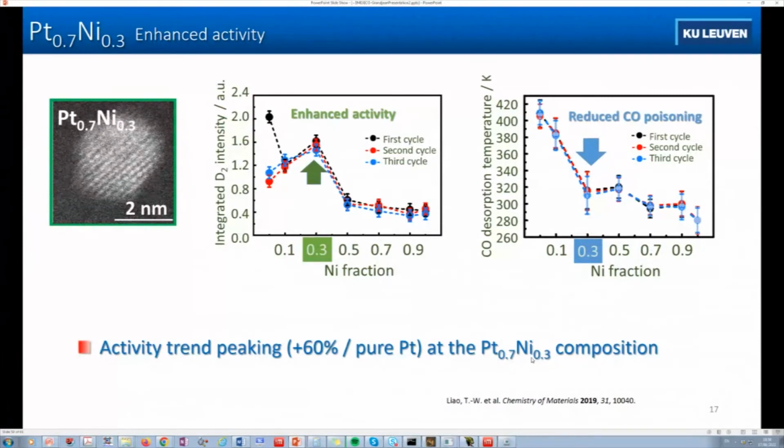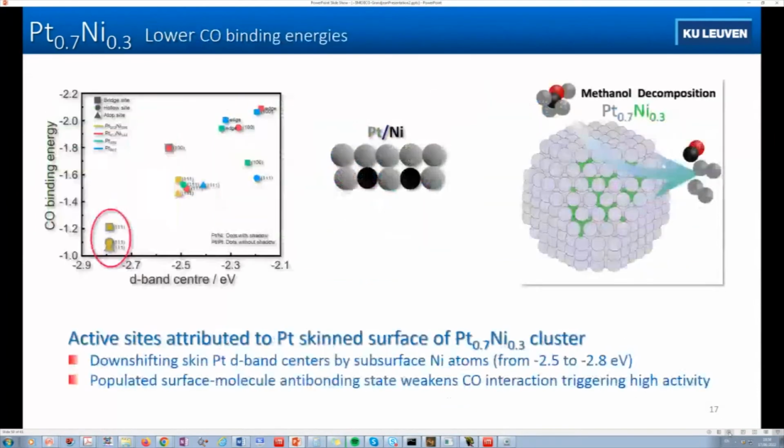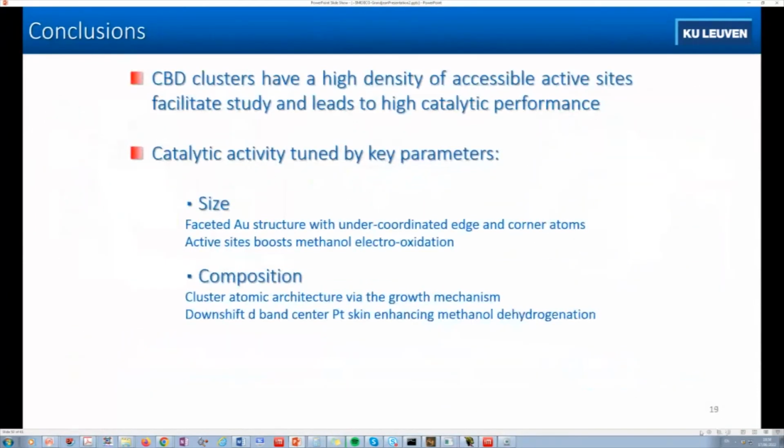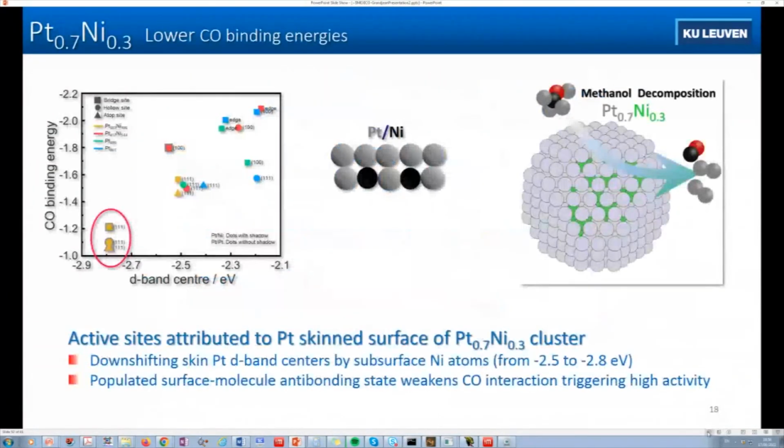And once again, we wanted to try to understand why this composition could be special. And we also did some DFT simulation. So the idea was to calculate once again the adsorption energy for the CO on the different atoms of a typical Pt nickel system.